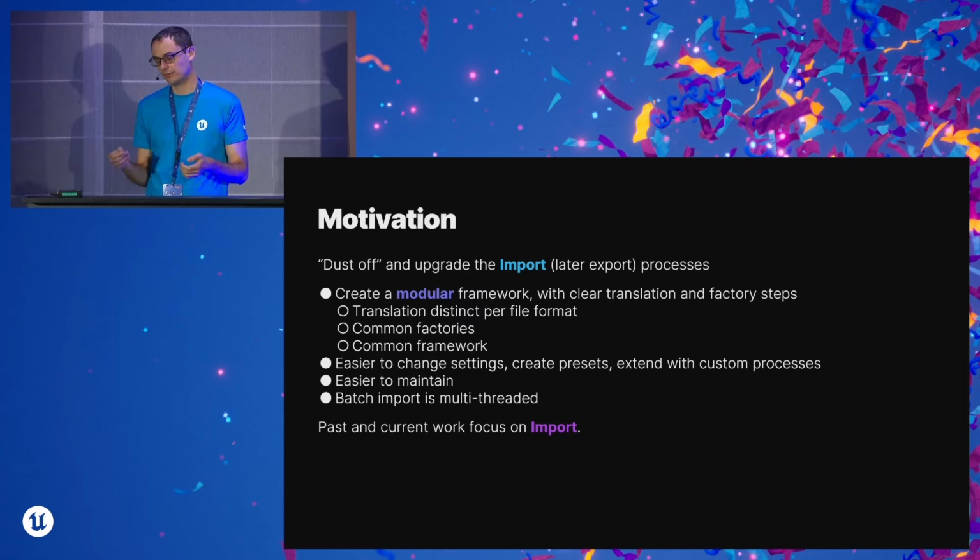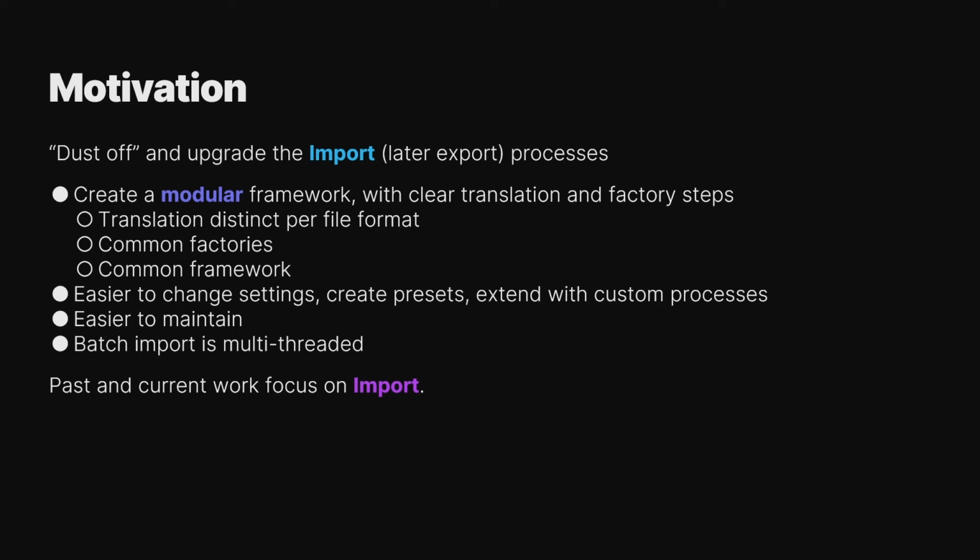Same for when you have factories to create your assets, be able to use the same factories for different types of imports. So what we have now is the Interchange Framework that orchestrates the import, and then you have different translators for the different file formats.